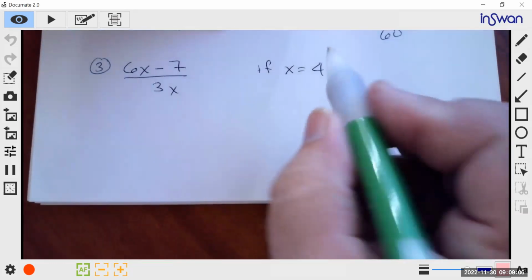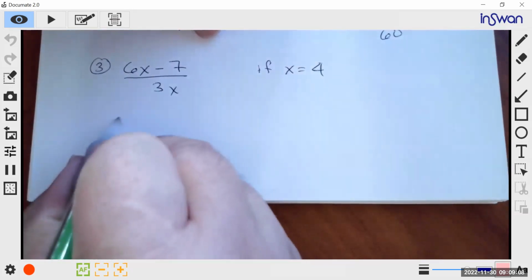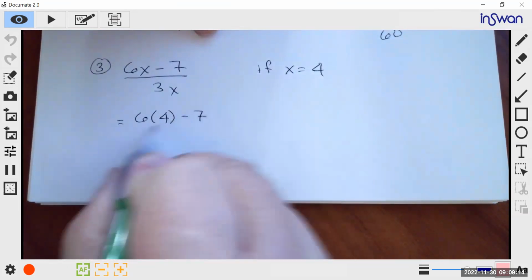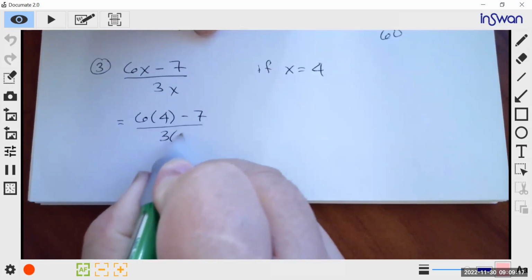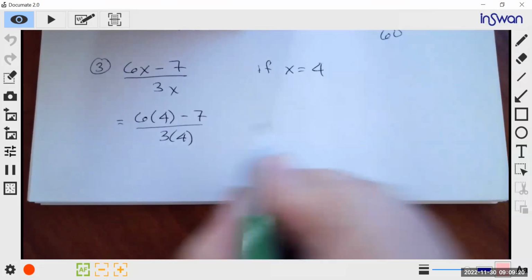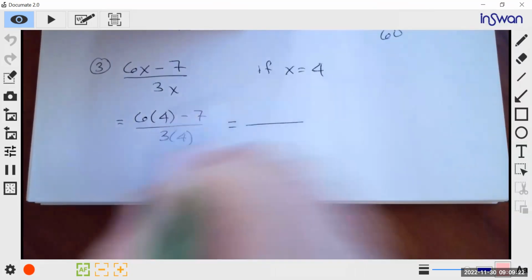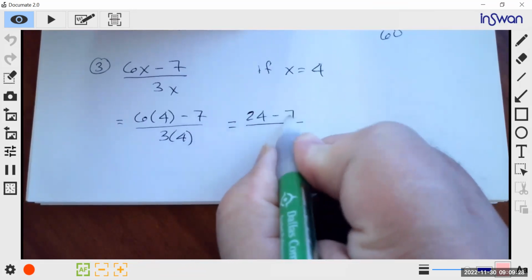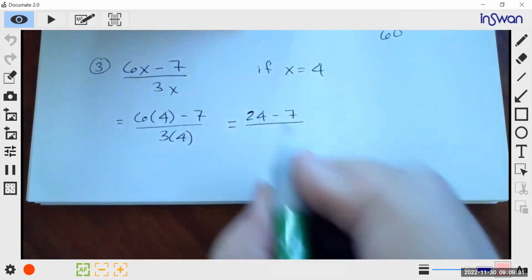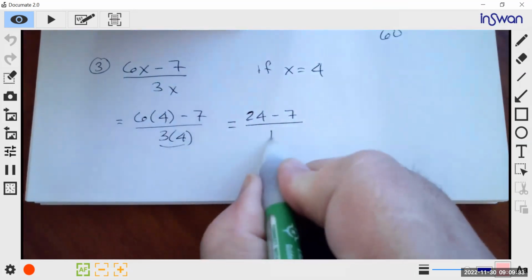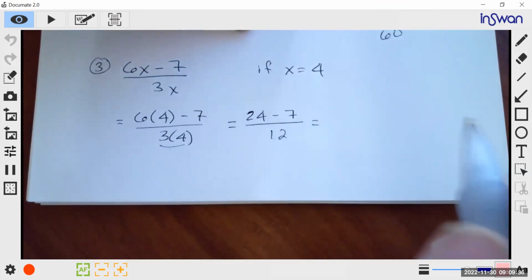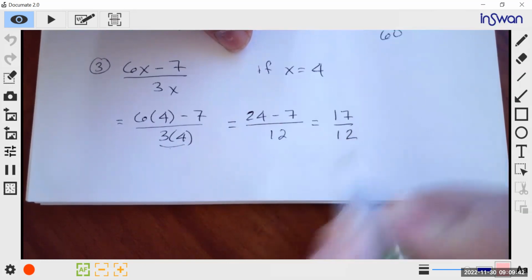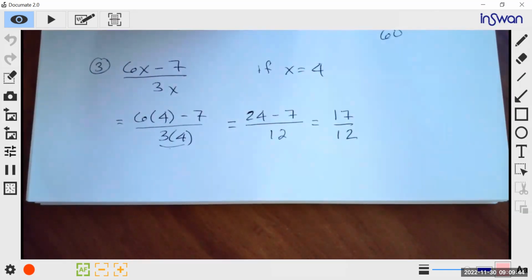So anywhere I see an x, I put a 4. 6 times 4 minus 7 over 3 times 4. 6 times 4, 24, minus 7. 3 times 4 is 12. 24 minus 7, 17 over 12.